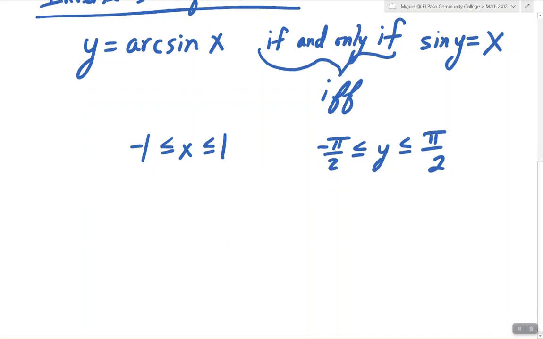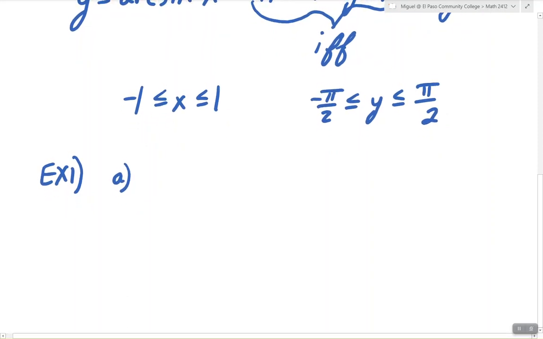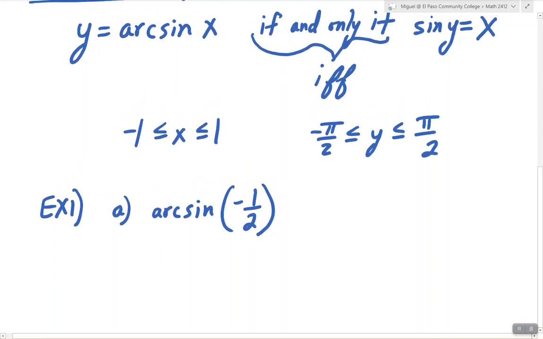Example 1. Find the exact value of each of these expressions. Part A. Let's do arcsine of -1/2. So think of this as y equals arcsine of -1/2.